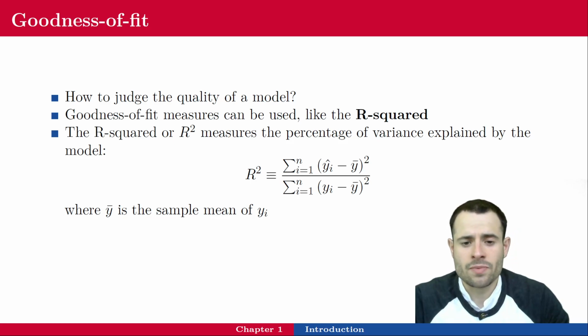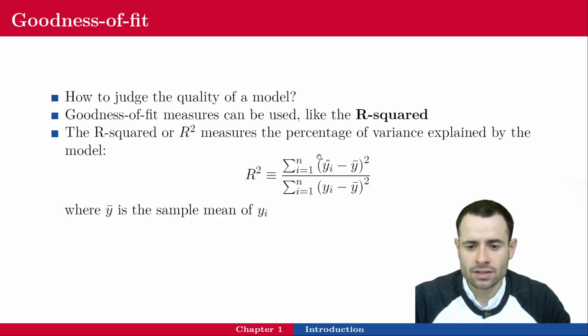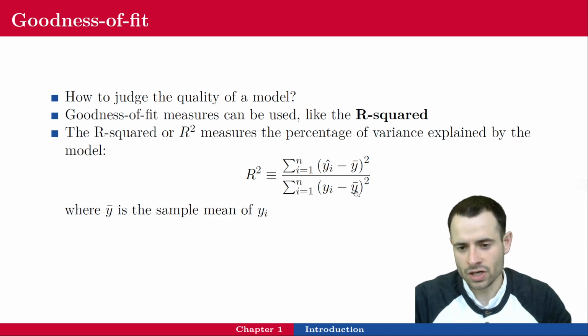This is a formula you should remember. The R squared measures the percentage of variance explained by the model. The top of the ratio is the variance of the predictions, y hat being the prediction. Everything with a hat is an estimate or a prediction, divided by the actual variance of y, which is data minus average.